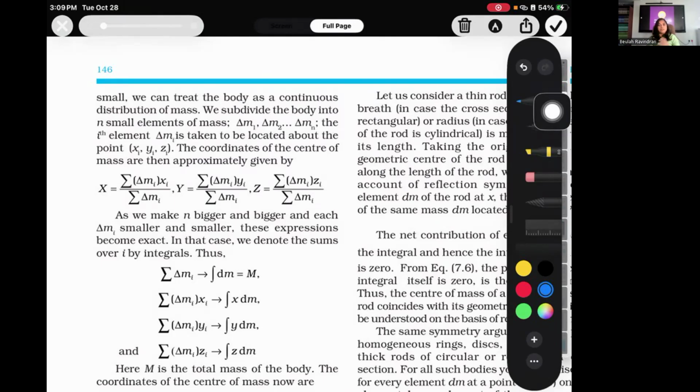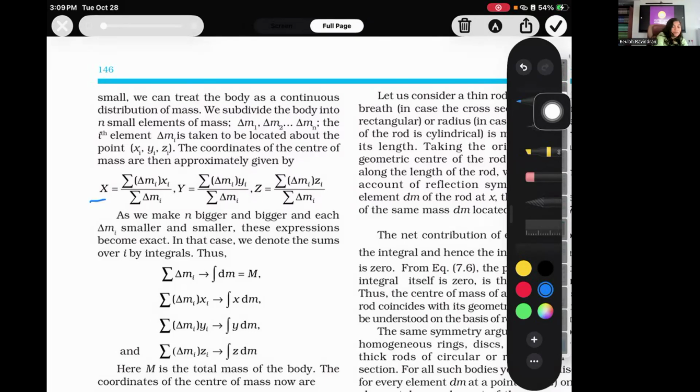So we can say this is a continuous mass distribution. The mass is distributed continuously. If you are going into the microscopic realm, we can also write the center of mass coordinates. So for the x coordinate, we are differentiating.